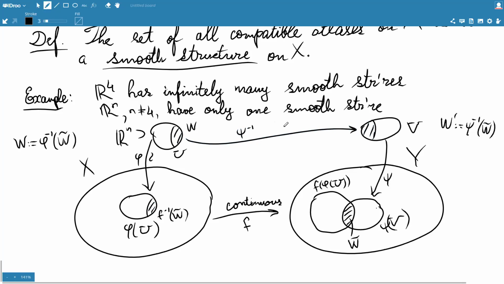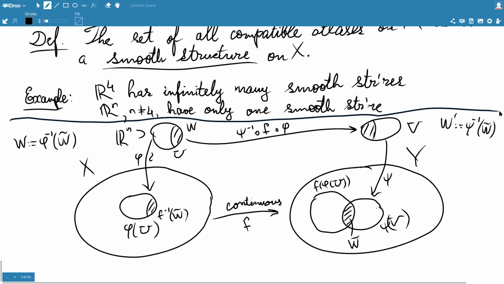We write it as psi minus 1, composition f, composition phi. So we have this picture. Okay.